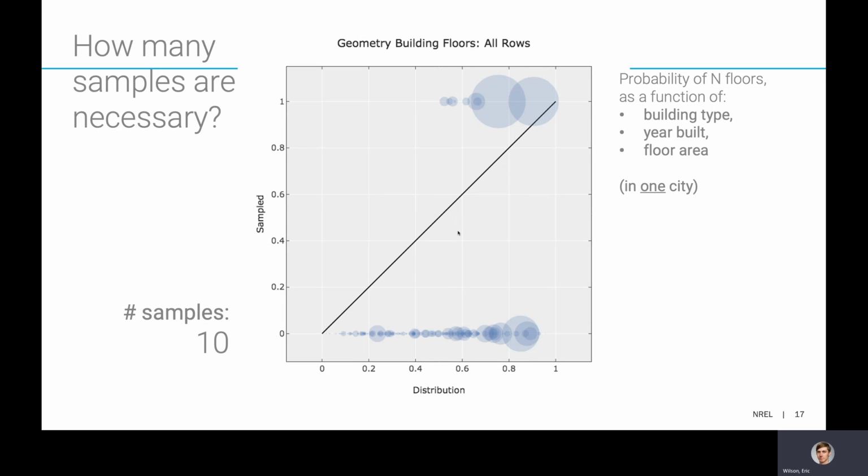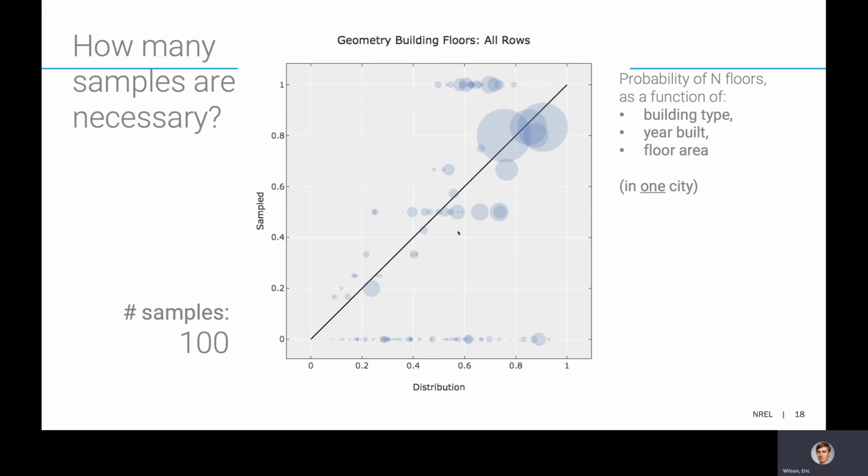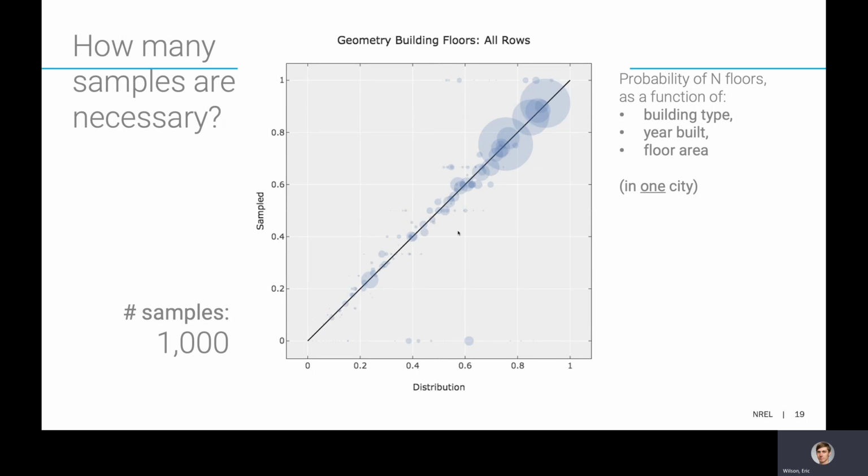So in this case, we can see that with 10 samples, it does a very poor job of matching. With 100, it does a little bit better. Each of these dots or circles represents one combination of characteristics. With 1,000 samples, it does a bit better. 10,000 does a bit better. And then with 100,000, you can see that it's mostly lining up on this y equals x line here.